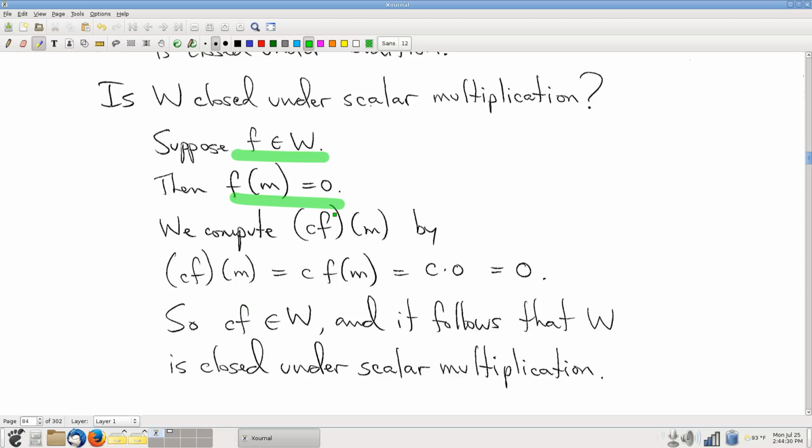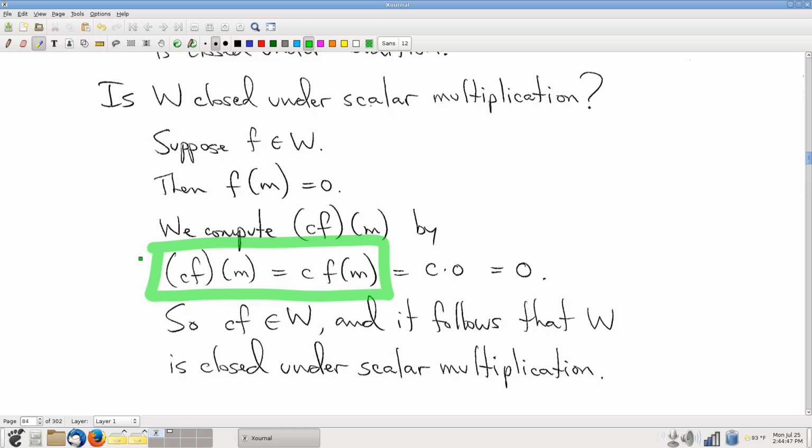This means that if this were true, we would detect that by evaluating this and getting 0. So we evaluate it. How do we evaluate this function called CF? Well, we have rules for how to evaluate this scalar vector product function CF.